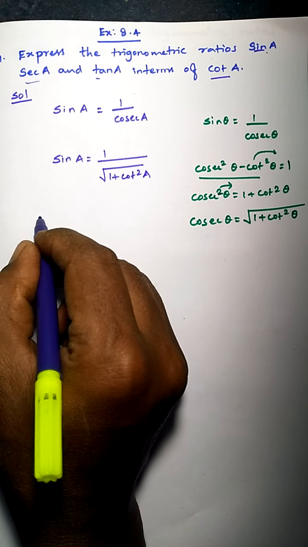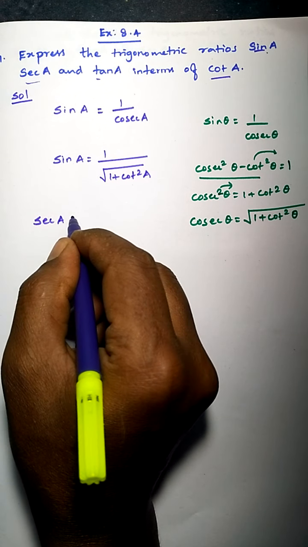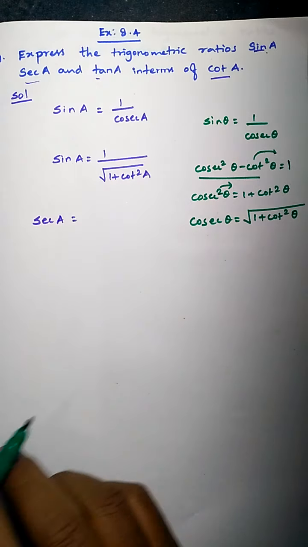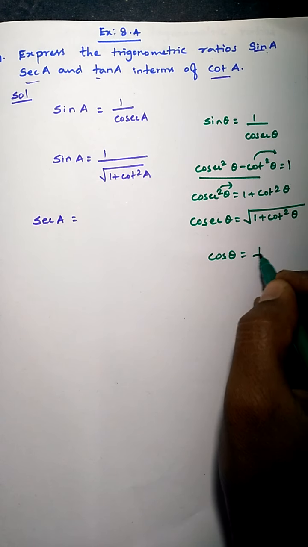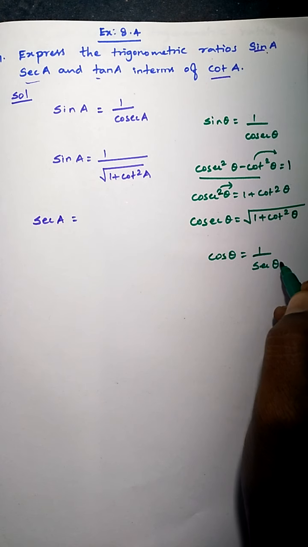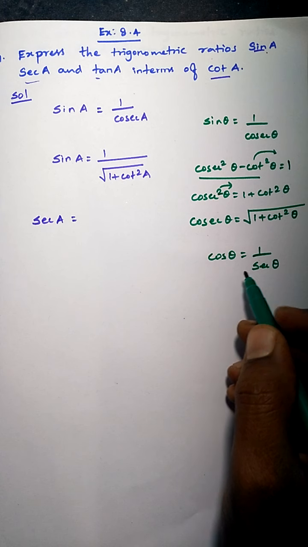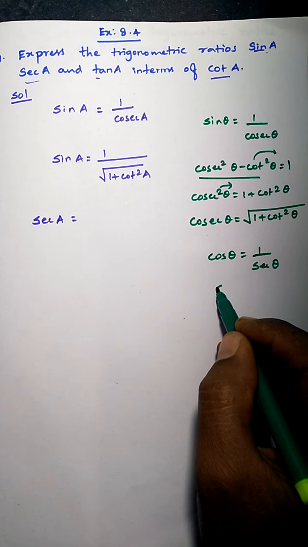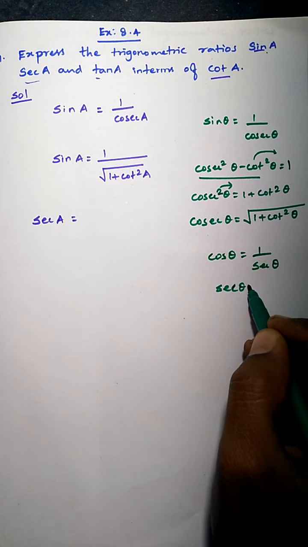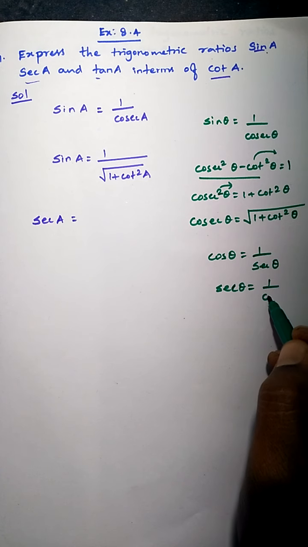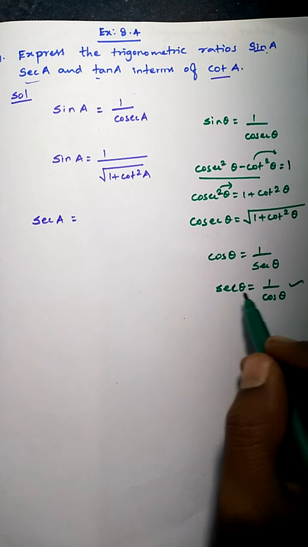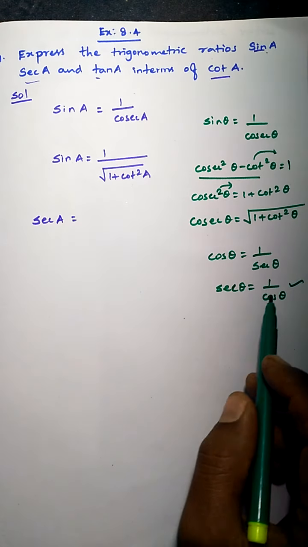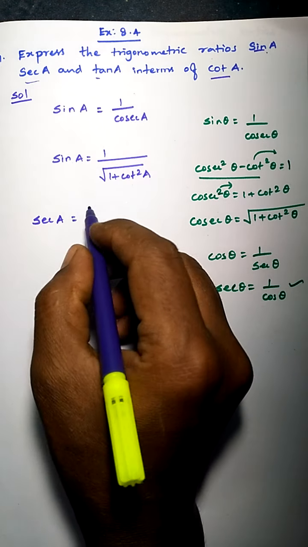Second one, secant A. We know the reciprocal formula again: cos theta is 1 by secant theta. If you want secant theta, take it to the other side, so secant theta is equal to 1 by cos theta.